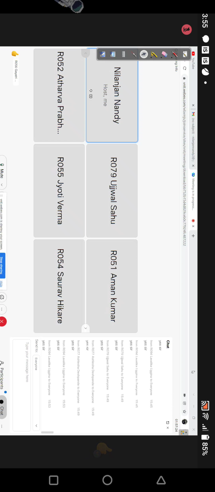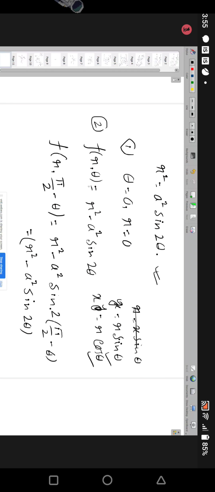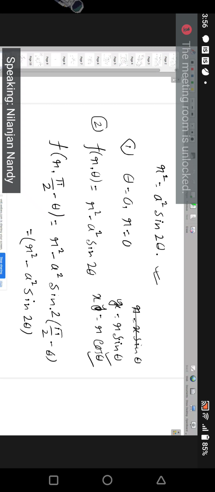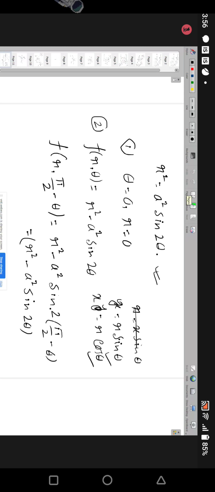So if you have this, you can say easily that the curve is symmetric about the point. If you are setting this as pi by 2, the symmetry will be about the point pi by 2 divided by 2. Remember this point.